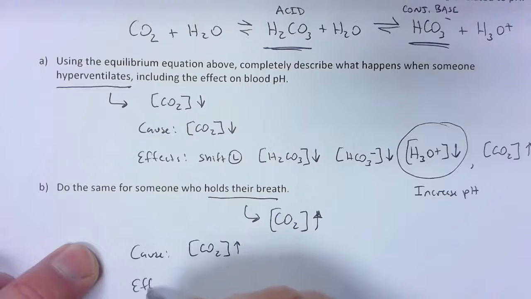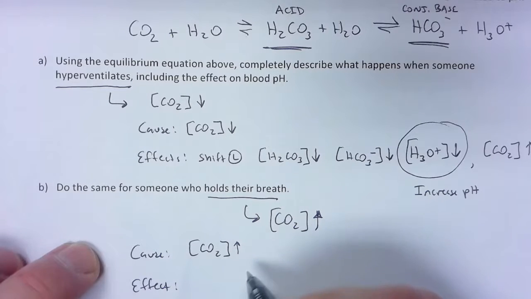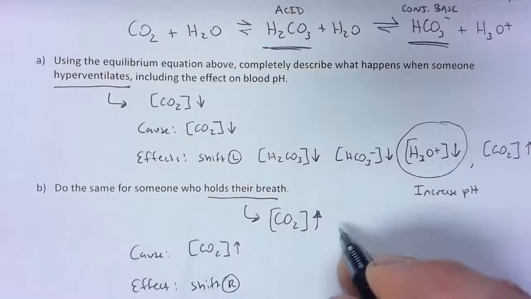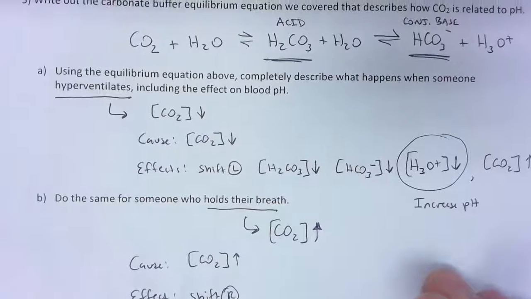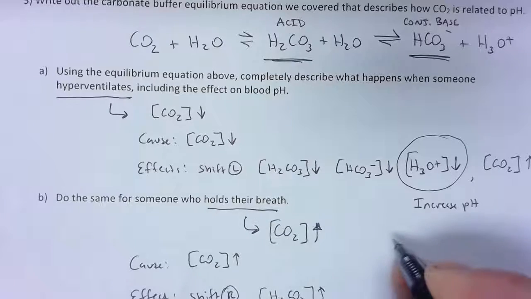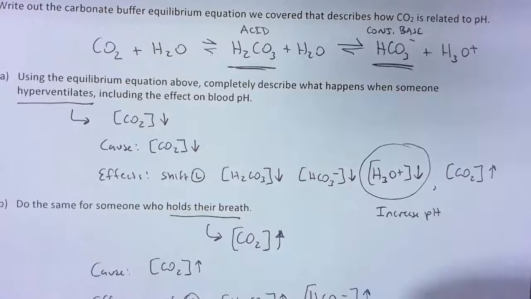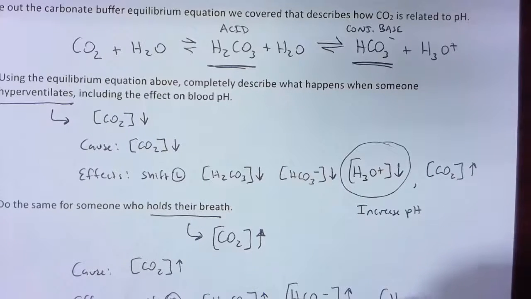The effects of this are that the equilibrium shifts to the right. And that's going to cause an increase in H2CO3. That's going to cause an increase in bicarbonate. And that's going to cause an increase in H3O+.